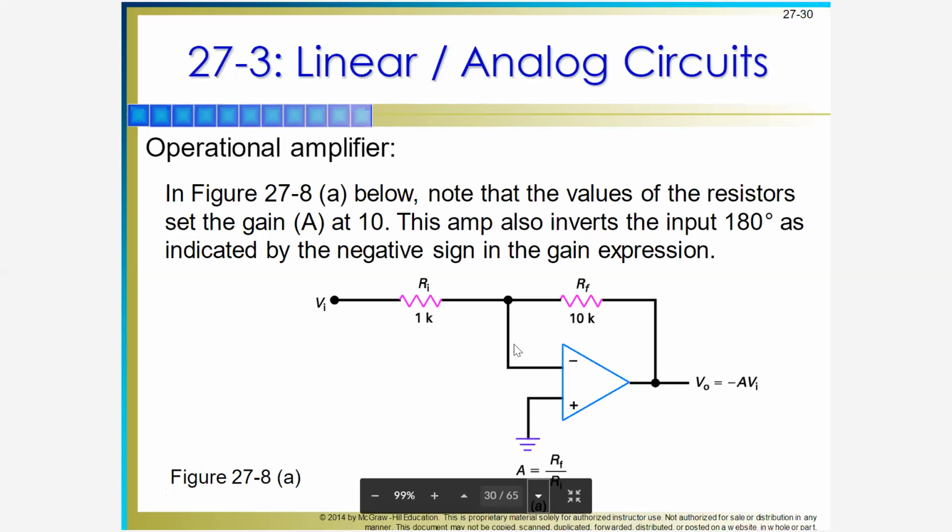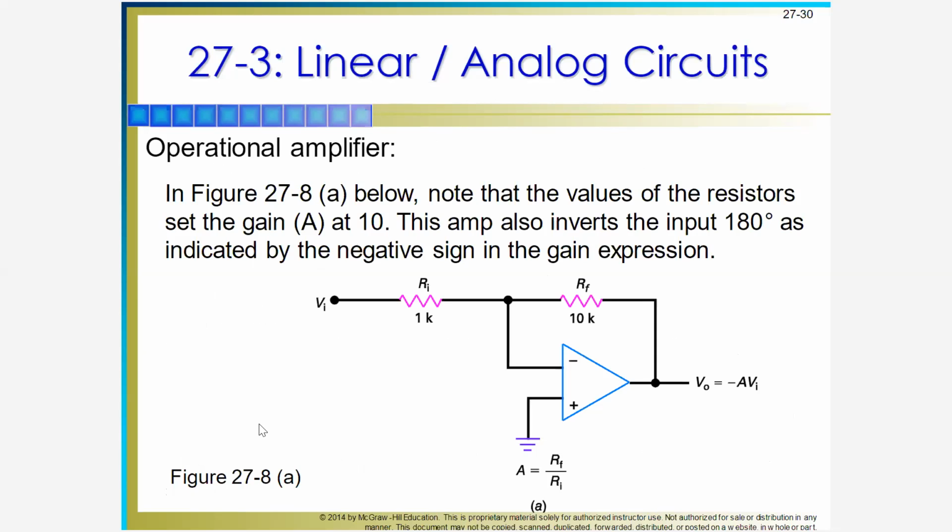Okay, we have the schematic diagram. Note the values of the resistors set the gain at 10. The gain is 10, and this amplifier also inverts the input by 180 degrees, indicated by the negative sign in the gain expression. We have a 1 kilo ohm resistor, and the feedback resistor is 10 kilo ohms.